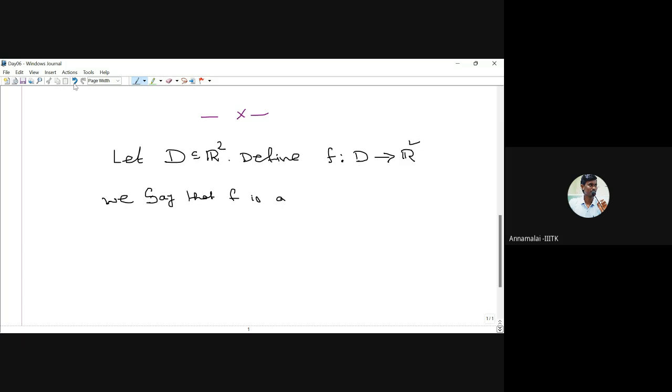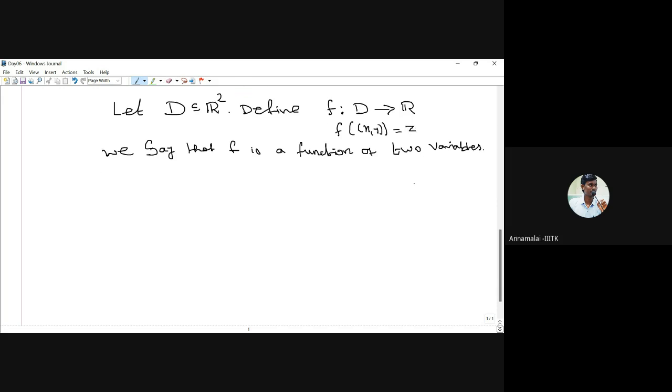That's why we call it a real valued two variable function, or function of two variables. Usually, any element in D is of the form of an ordered pair x comma y. Okay, so we have to assign some value, which should be a real number, say z. But the input is two inputs.